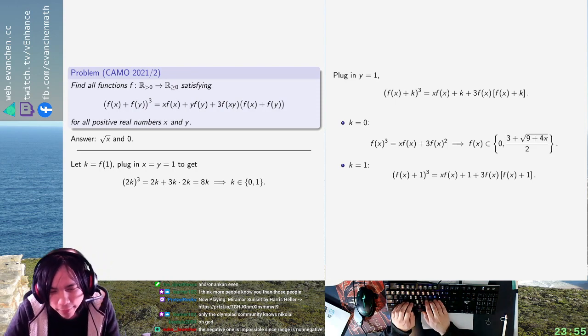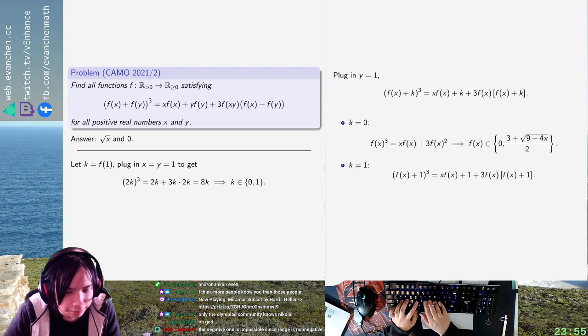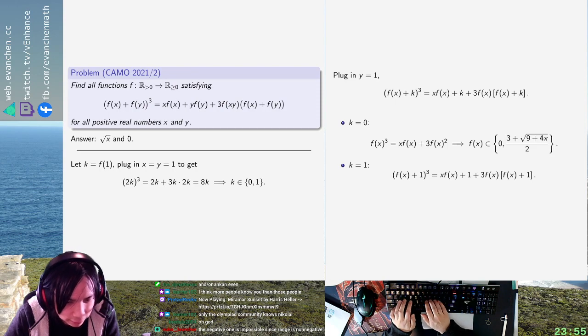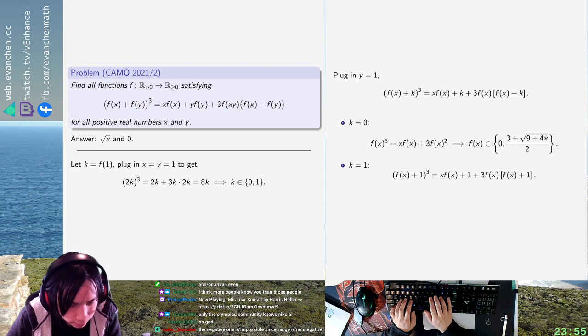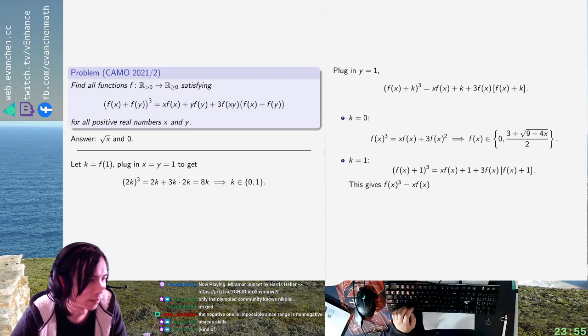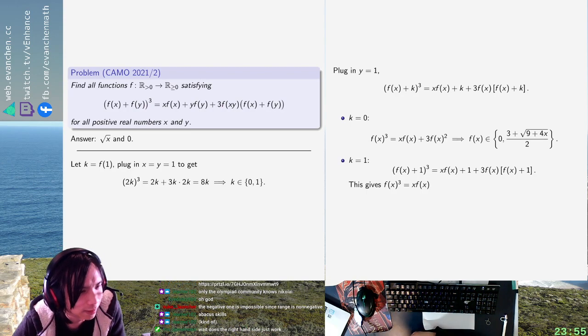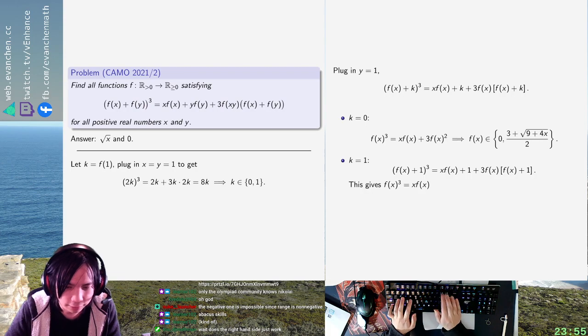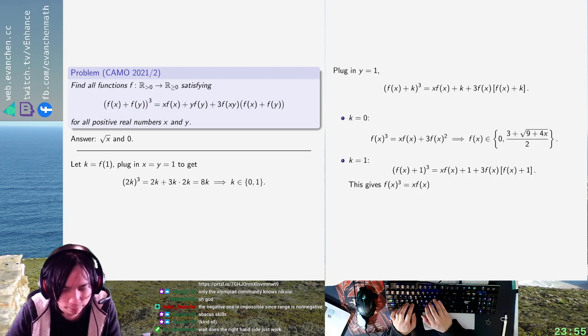So this gives f of x cubed minus 3 f of x squared plus 3 f of x, and those terms cancel. Okay, so the second one is actually a lot nicer. Most stuff blows up, and this gives you that f of x is either 0 or x, or square root of x.